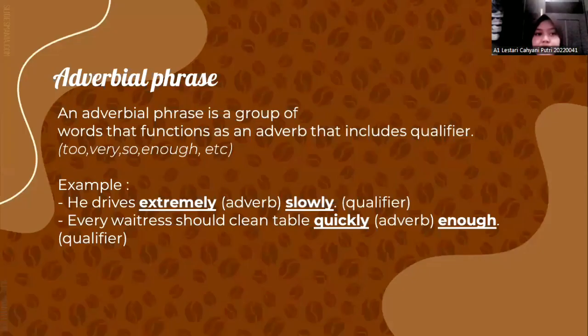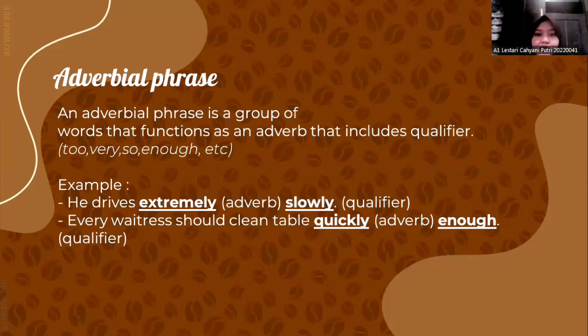Okay, and next adverbial phrase. An adverbial phrase is a group of words that function as an adverb that includes qualifiers like too, very, so, enough, and etc. So in this example, he drives extremely slowly.